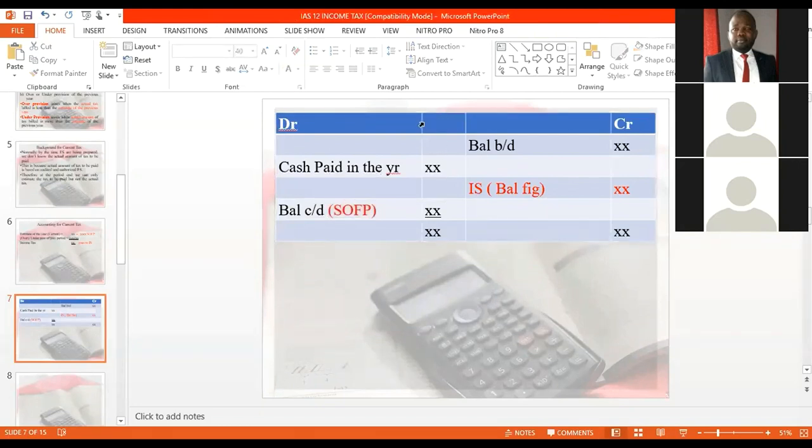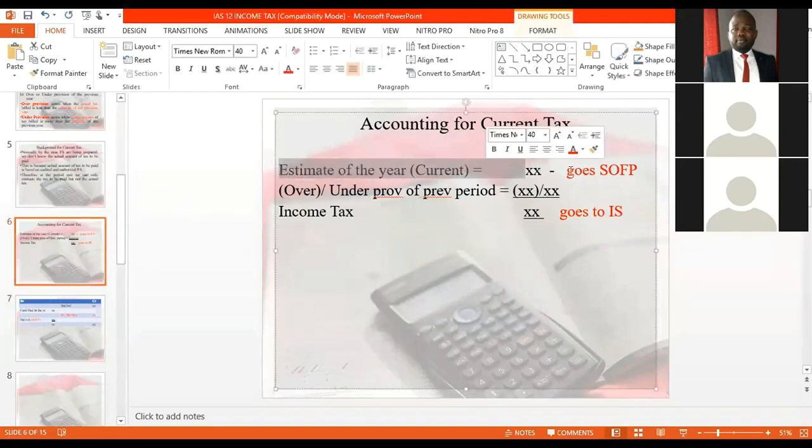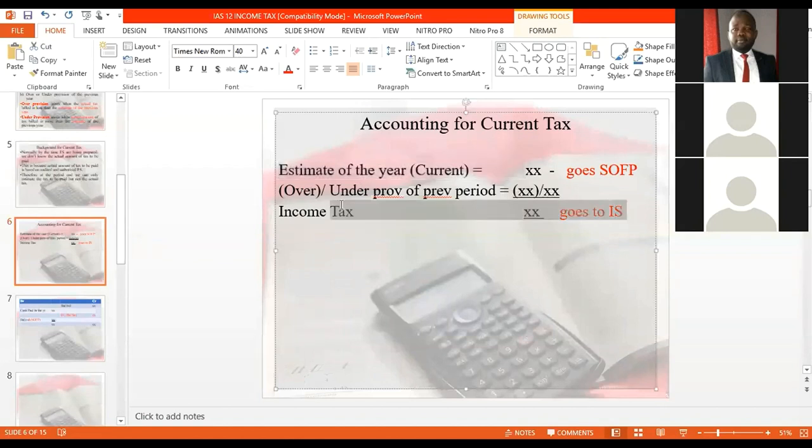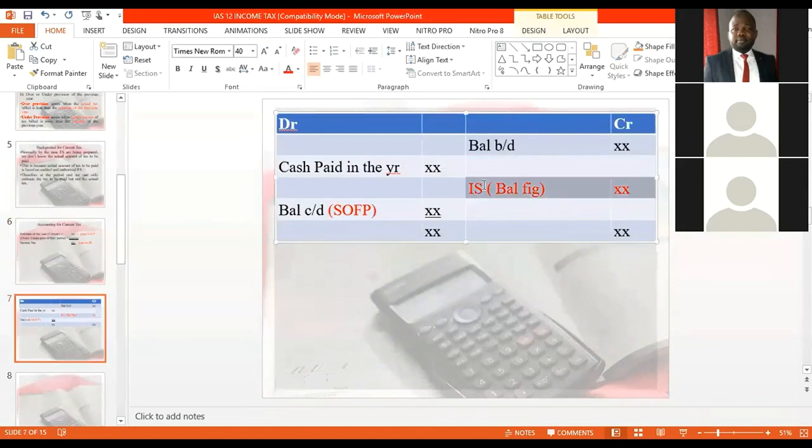So you have two ways of calculating. What are the two ways? The first way is just to find out what is the estimate of the year. You put it there, and then you find out in the previous year, was there an over or under provision? Now you see this figure here is the same as what you get here.